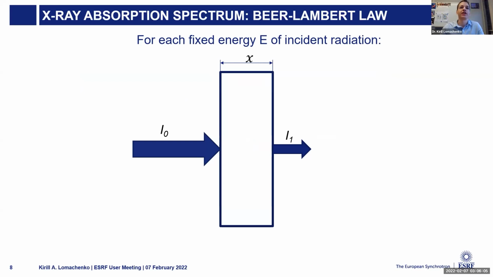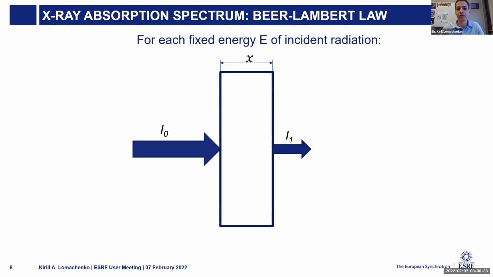So if you take a sample, an absorber, of thickness x, and you shine X-ray light of a particular energy on it, you have an intensity I0 before the sample, then some part of the radiation will be absorbed in the sample, and you'll have intensity I1 after the sample.